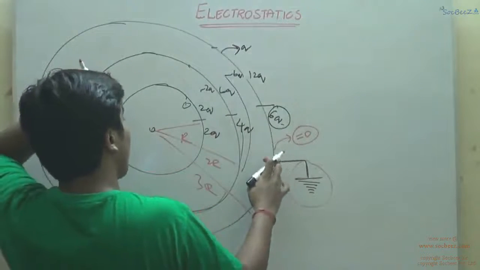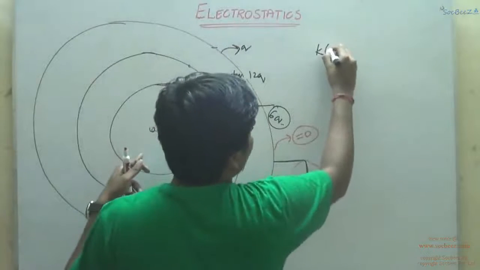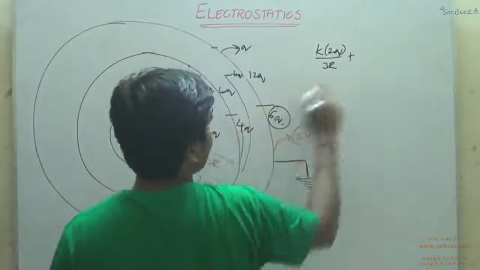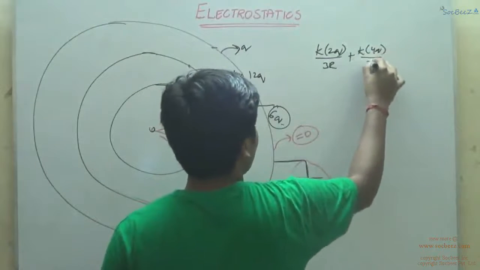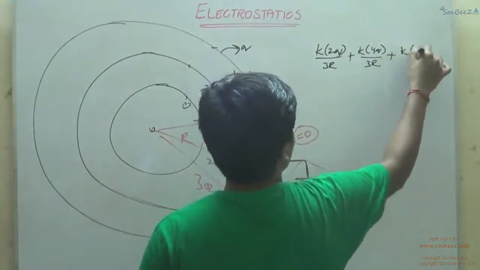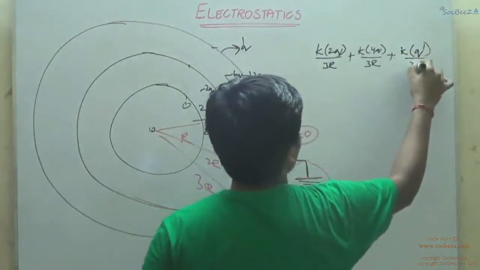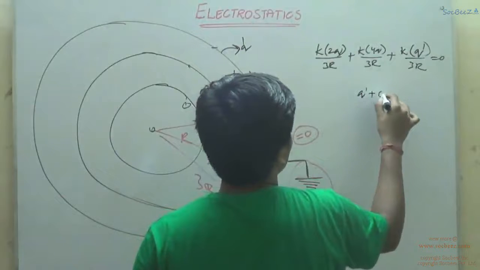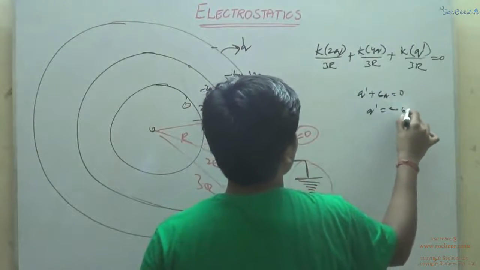So what is the potential over here? Due to this charge, it is k times 2q by 3r, plus due to this charge it is k times 4q by 3r, plus k times q dash by 3r. Now this should be equal to 0, which means that q dash plus 6q should be equal to 0, which means q dash is equal to minus 6q.